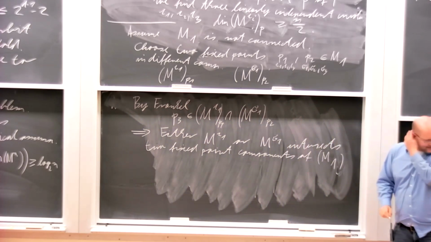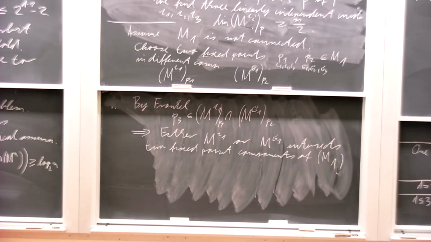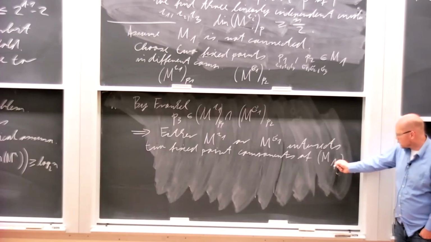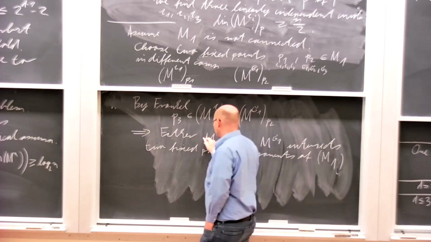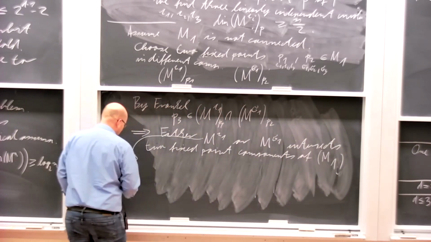Okay, and that's basically the start. That's what gets you going, right? So now what follows? Let's assume it's M^iota_1, right?